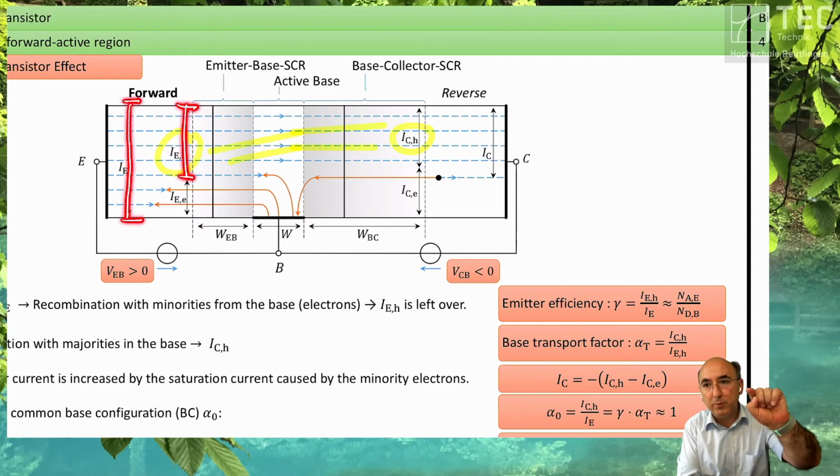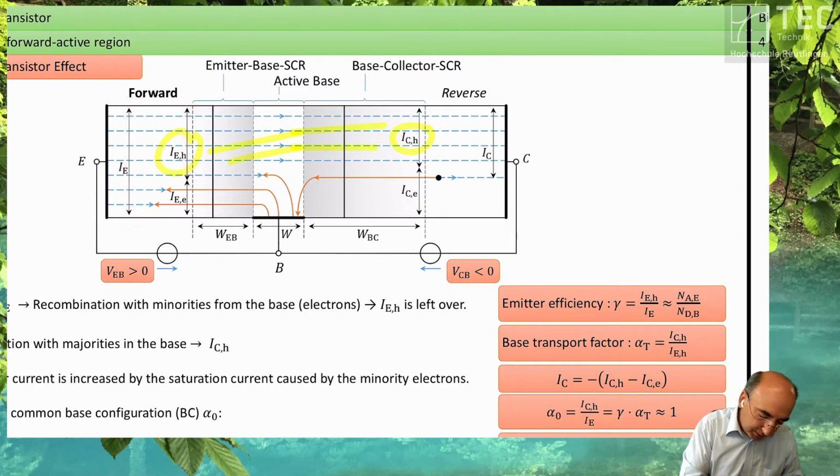And you know by the PN diode that this length is defined by the n-type doping, because this number of flow lines is proportional to your doping concentration.